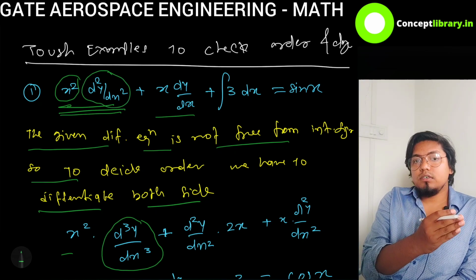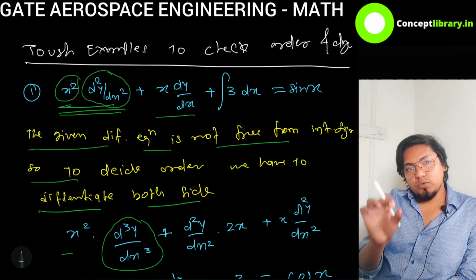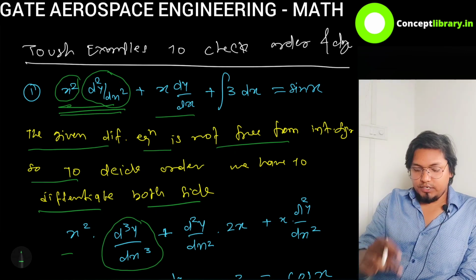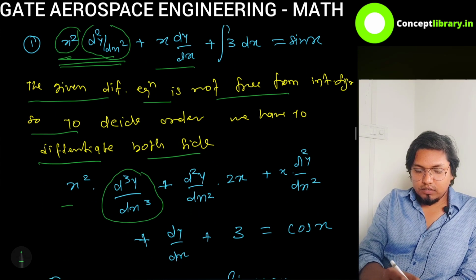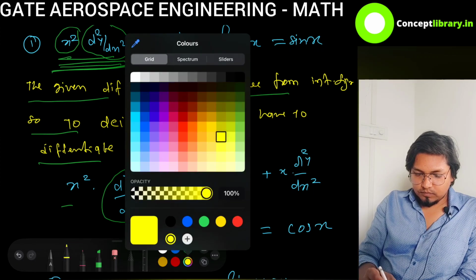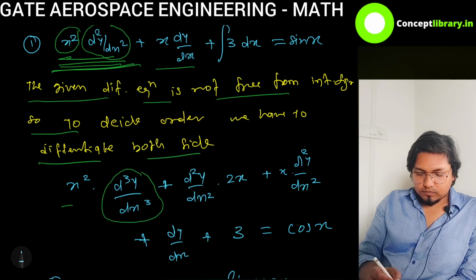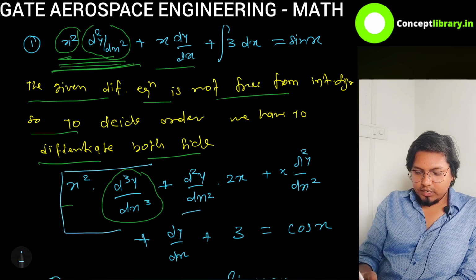So the first function you leave as it is and differentiate the second function, plus the second function you leave as it is and differentiate the first function. So I'll change the color. It's better to use yellow, or purple is also fine. See, this is the first part we are getting and this is the second part we are getting.